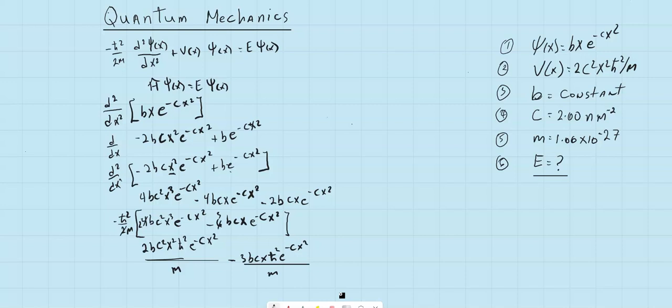Now I'm going to add my potential. Because you see, it says plus the potential times psi, times the function of x.